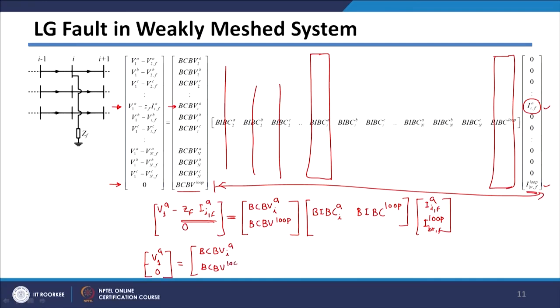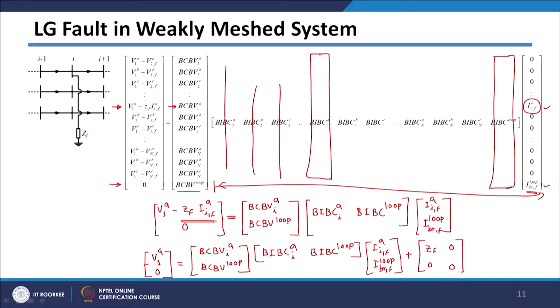BCBV corresponding to loop forming branches, which will get multiplied with BIBC column corresponding to A phase, and BIBC columns corresponding to loop forming branches, which is getting multiplied with fault current in A phase and fault current in loop forming branches, plus this term, I am just writing it like this, ZF 0 0 0, and it will get multiplied with fault current in A phase and fault current in loop forming branches.